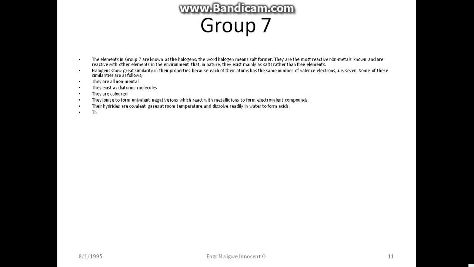The halogens also show a gradation in their properties from fluorine to iodine due to progressive increase in their atomic number and the complexity of their atomic structure.